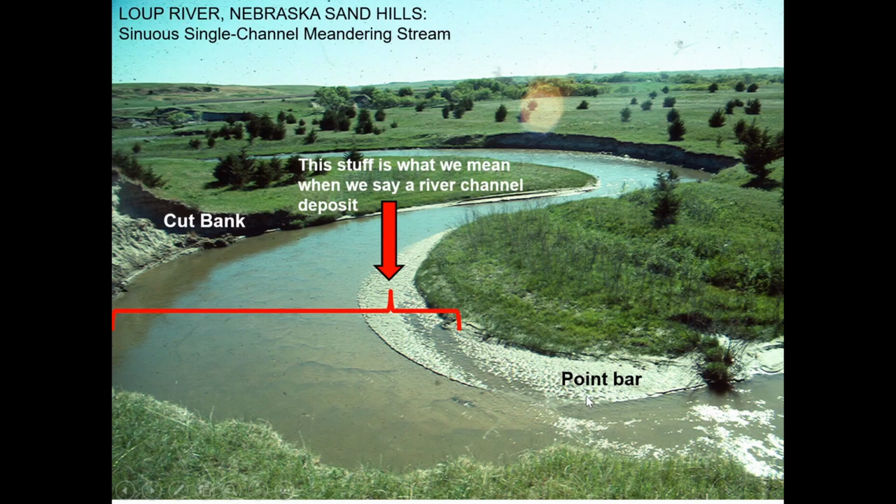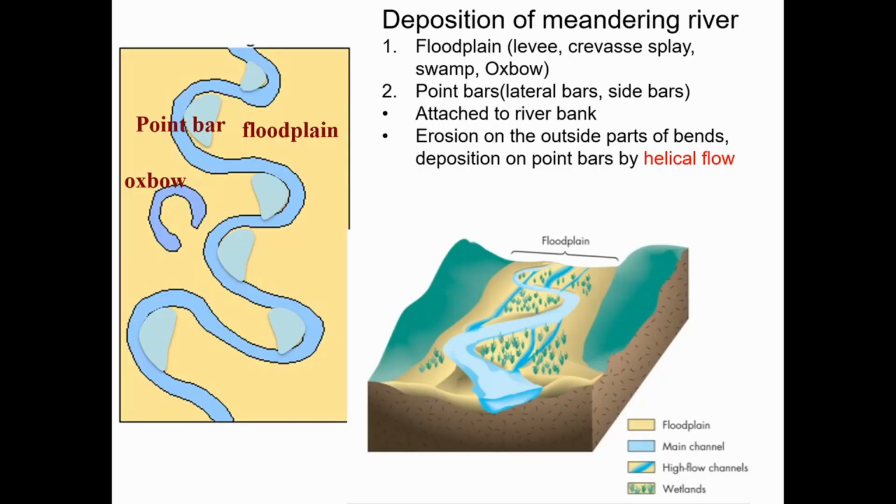Okay. So if we want to understand how the point bar was formed, we have to understand the depositional process within the meandering river. On this side we call it the cut bank, and on this side we call it the point bar deposit. So there are different sub-depositional environments within the meandering river depositional system.